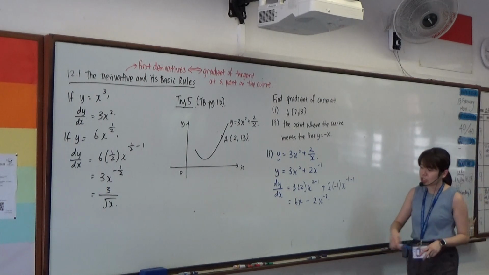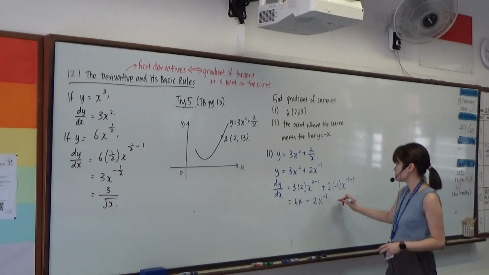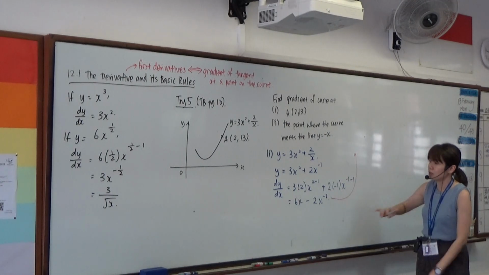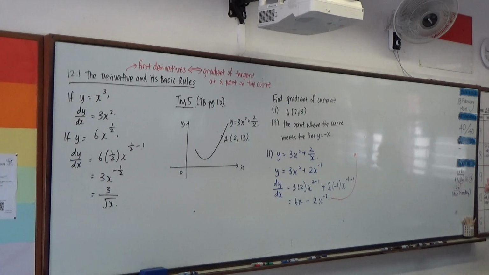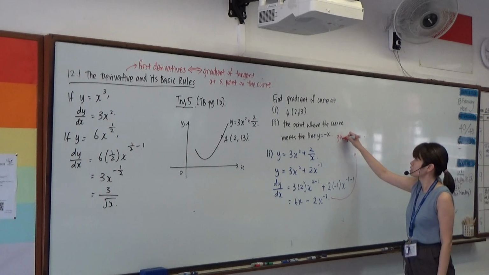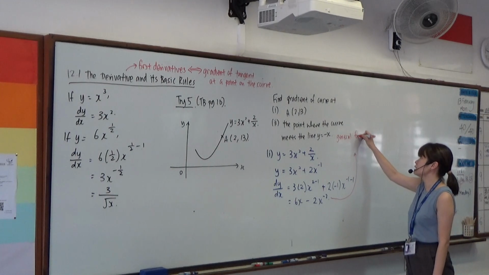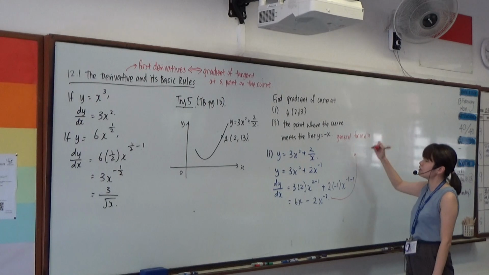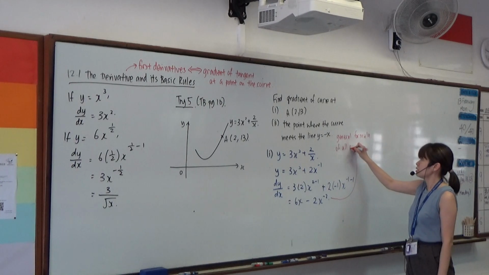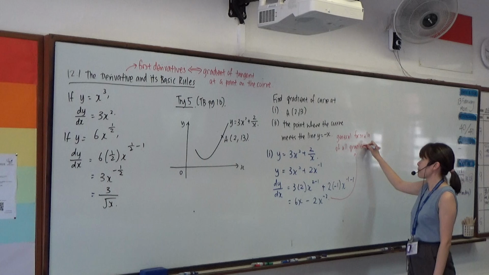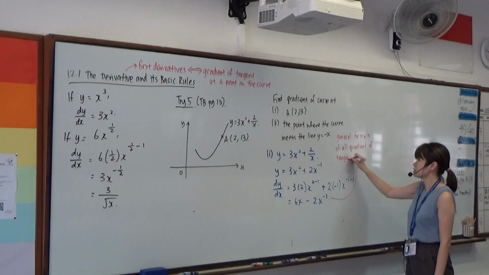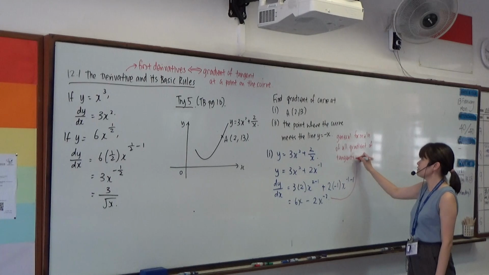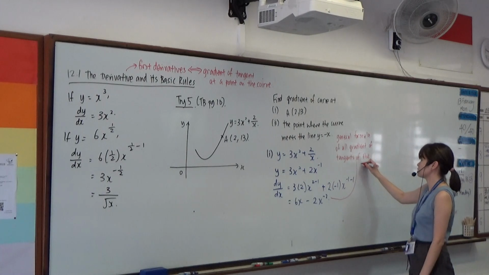So this expression over here is a generic form of all the gradients of all the tangents. You can think about it like a formula, a general formula of all gradients of tangents of the curve that we're talking about.